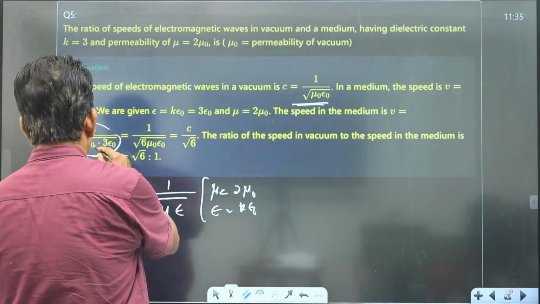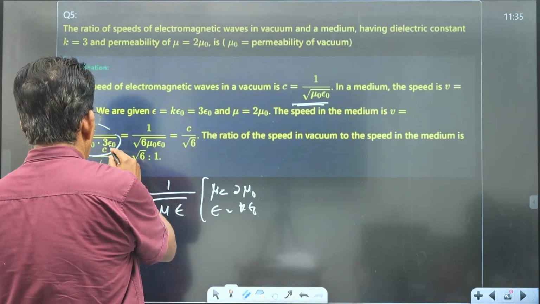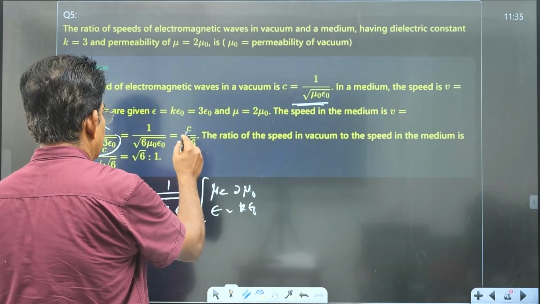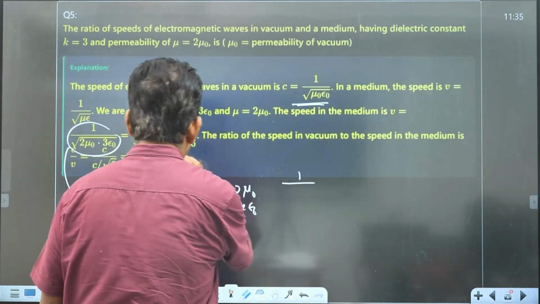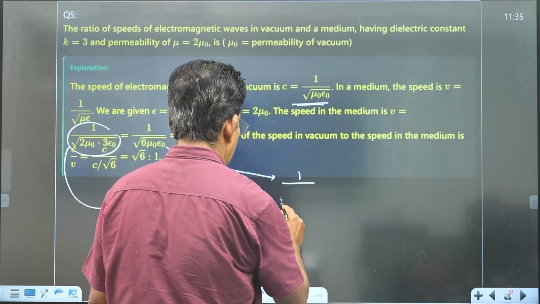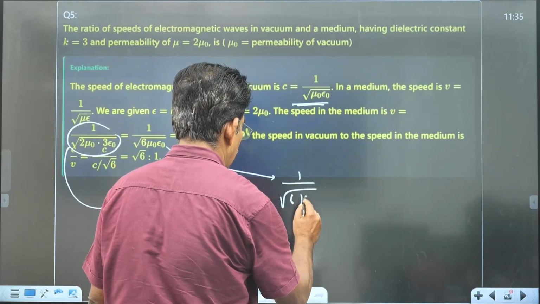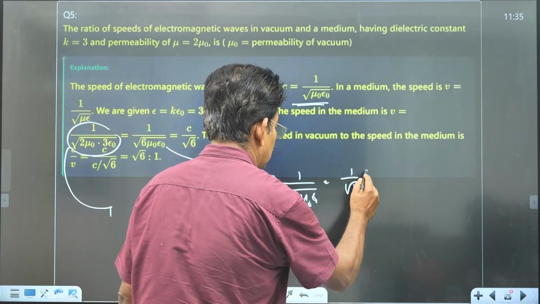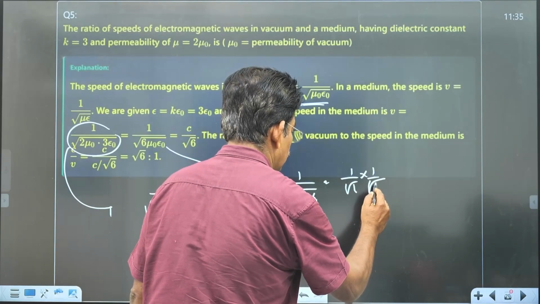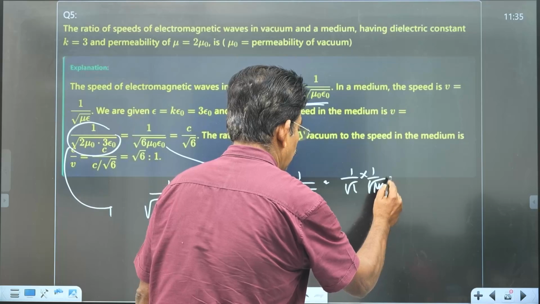Therefore, 1 by root of 2 mu 0 into 3 epsilon 0, that is 1 by root of 6 into mu 0 epsilon 0, that is 1 by root 6 into 1 by root of mu 0 epsilon 0.